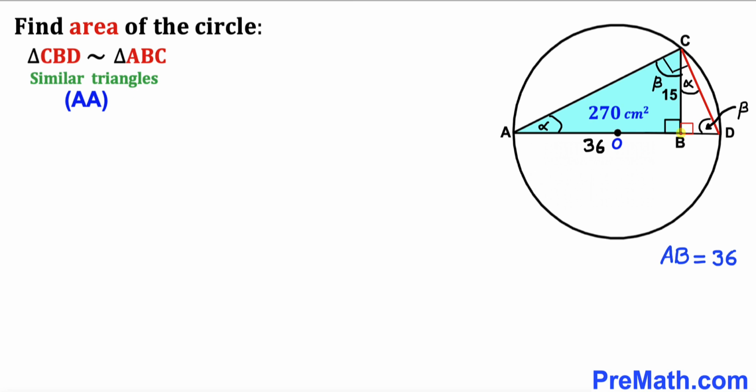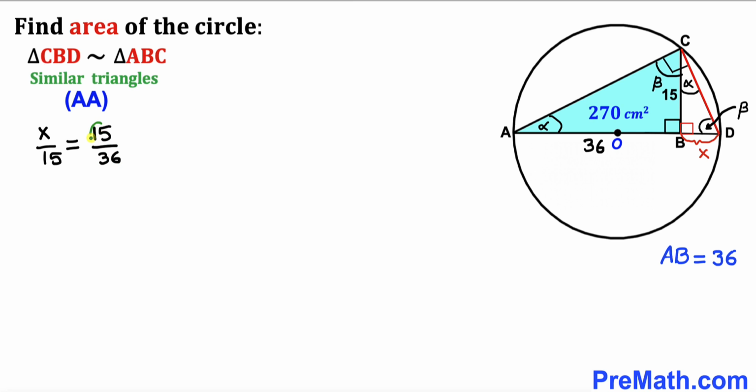And here's our next step. Let's assume that this line segment BD is x centimeter. Since these two triangles are similar, we are going to have a proportion: the ratio of this side length x and 15 equals the ratio of this 15 and 36. So x divided by 15 equals 15 divided by 36.